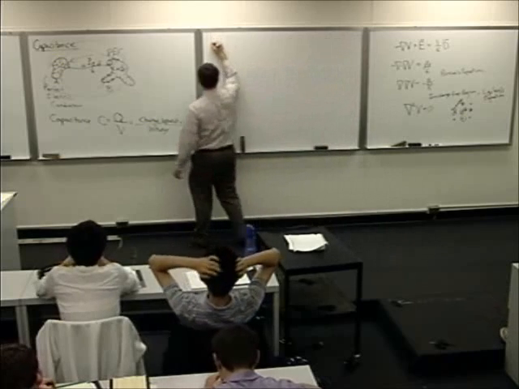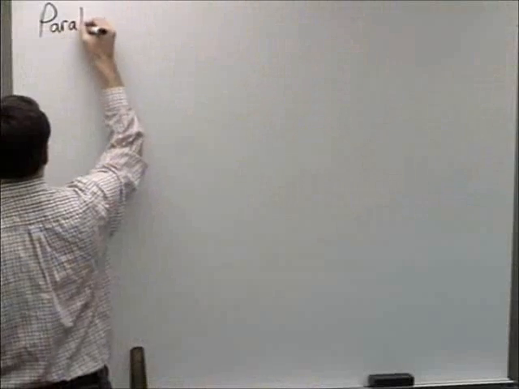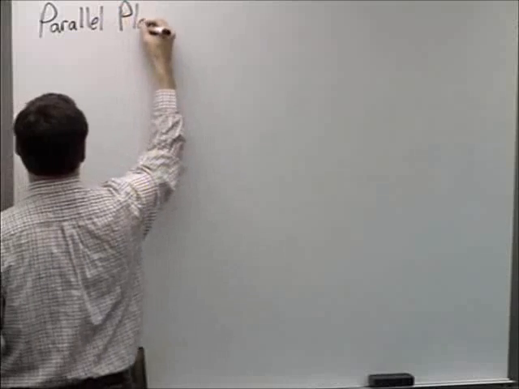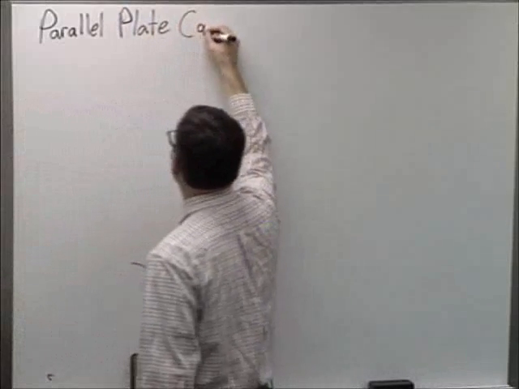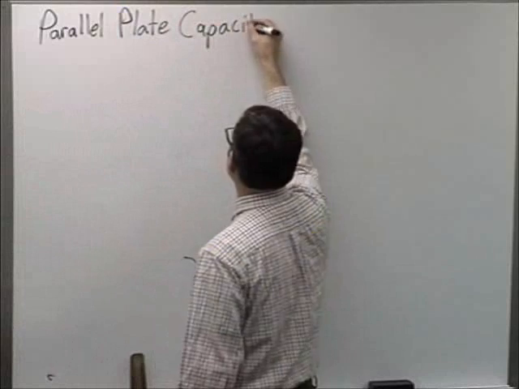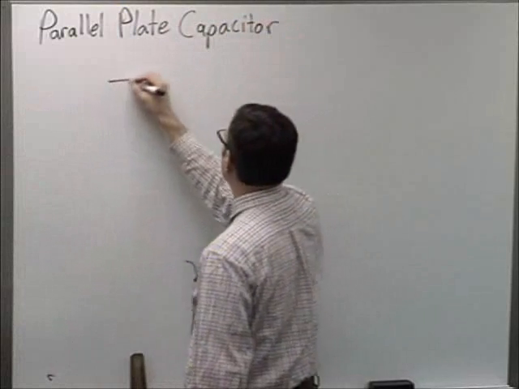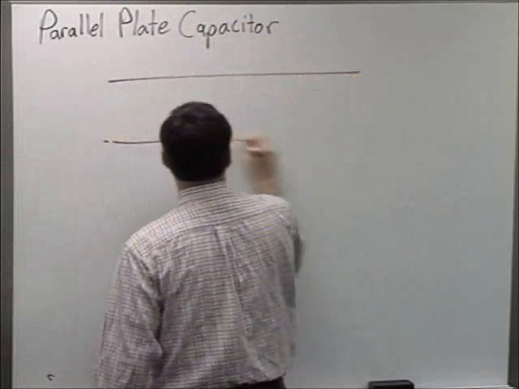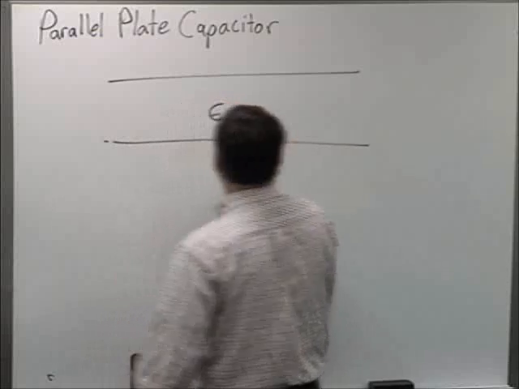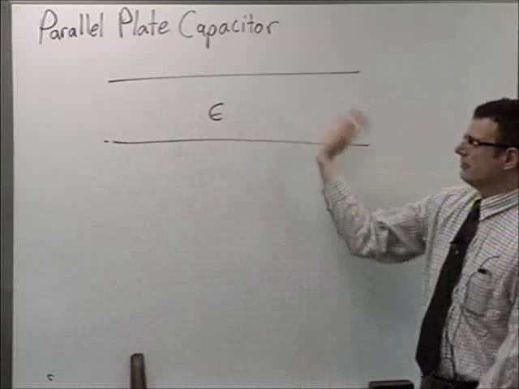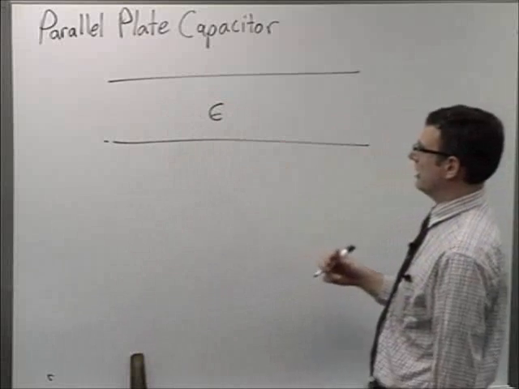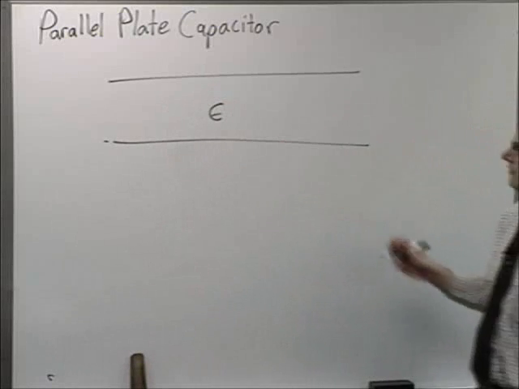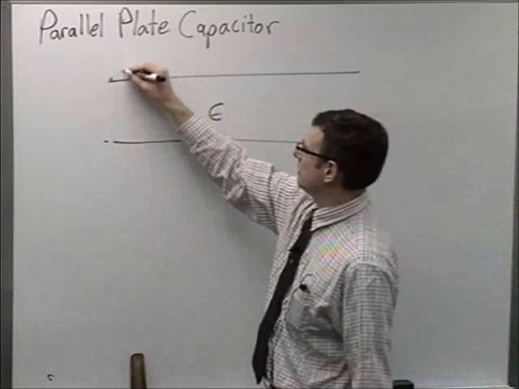Let's look at the parallel plate capacitor. This is the kind of stuff that you're using in your electronics laboratory. It has epsilon in between there, some material that you've put in between two conductive plates.